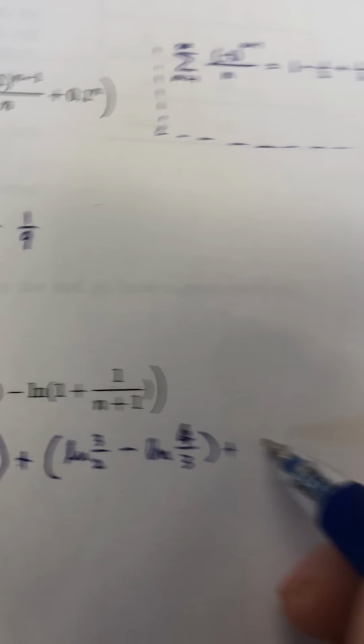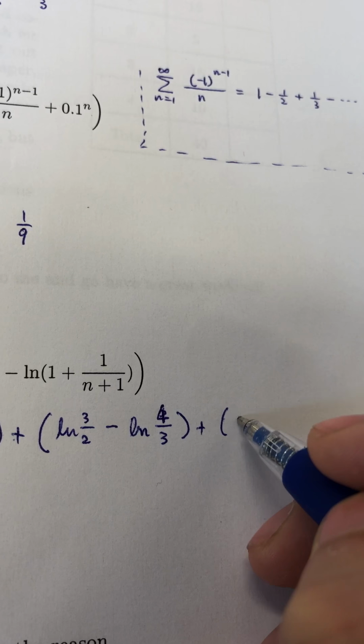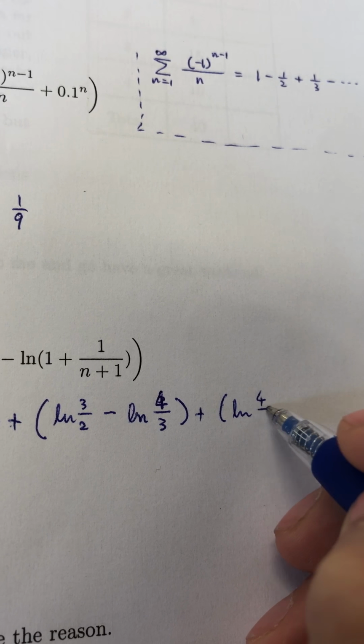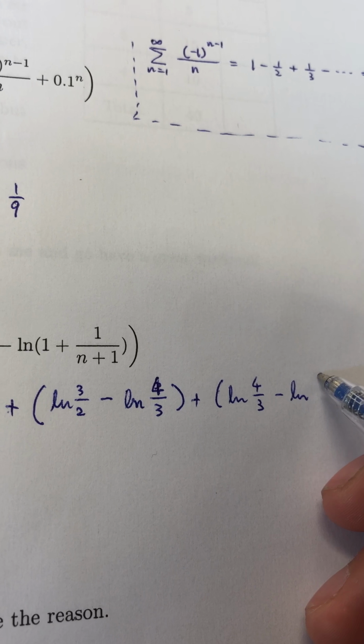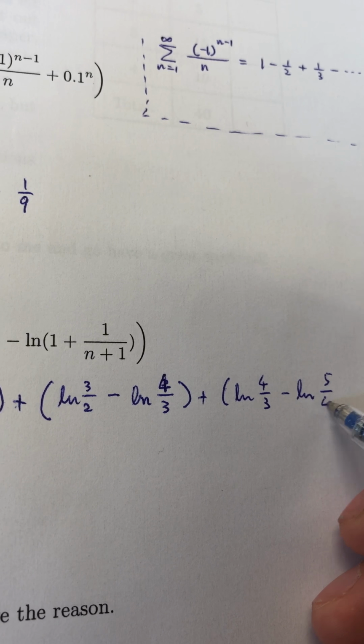You can keep going. Write down the third term. That will be log 4 over 3 minus log 5 over 4.